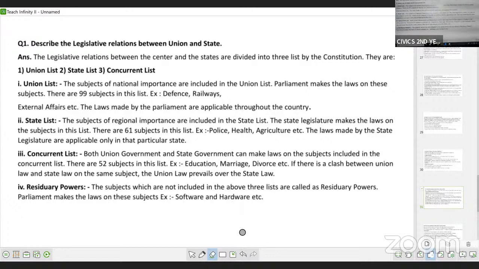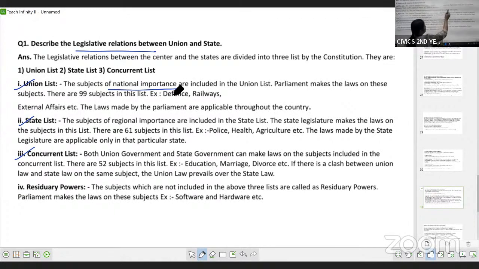So the first question is, what are the legislative relations between the union and the state? Legislative relations means law-making relations. These law-making relations are divided into 3 lists: union list, state list and concurrent list. Under the union list, you have subjects which are of national importance.